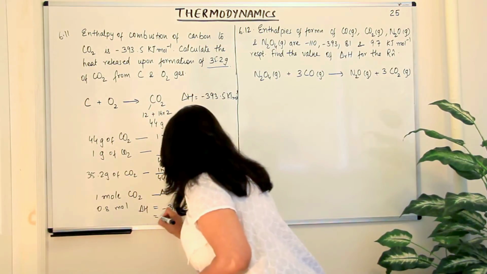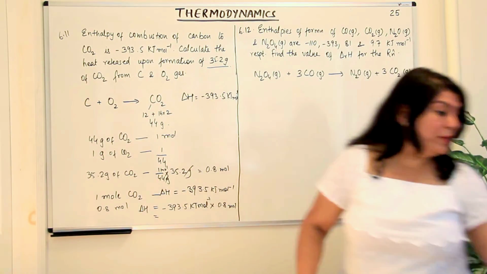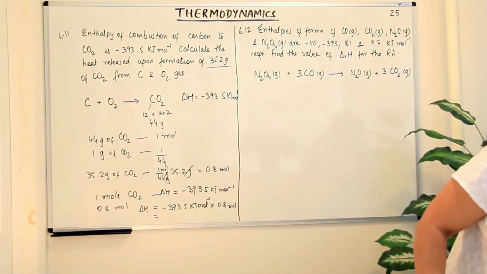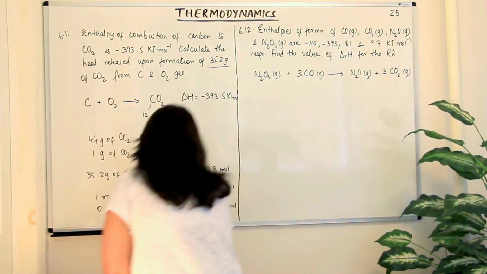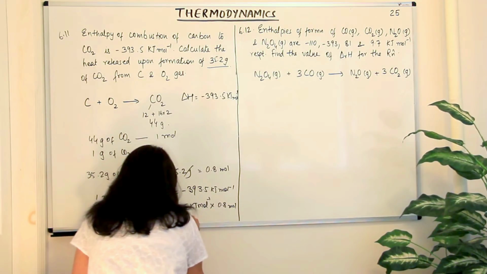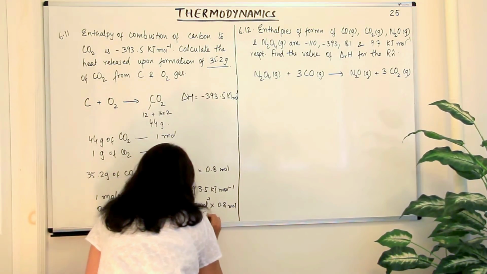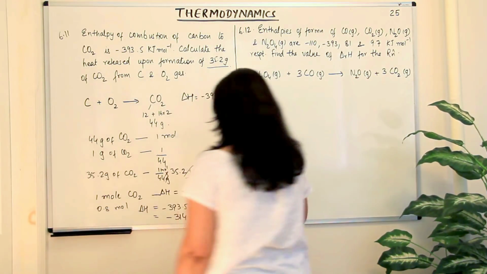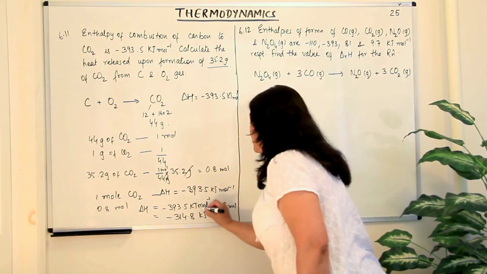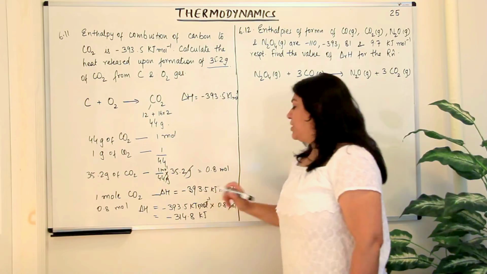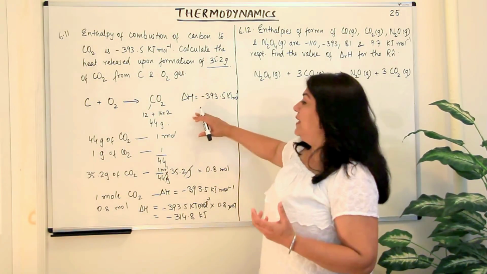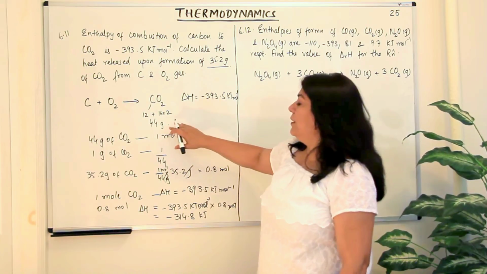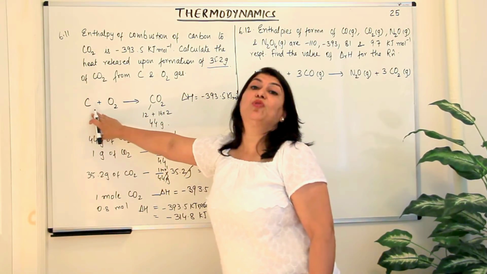Which would be equal to, how much would this heat be equal to? It would be equal to minus 314.8 kilojoules of heat, right? This would be the enthalpy. Now the mole is cancelled. So this would be the amount of heat which would be released in the burning of 0.8 mole of carbon.